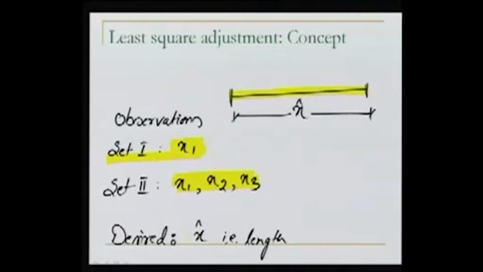Now what is desired here? The desired is the estimate of this line, or we want to know what is the length or the estimate of this line, which is the best estimate from our available data. How do we proceed?